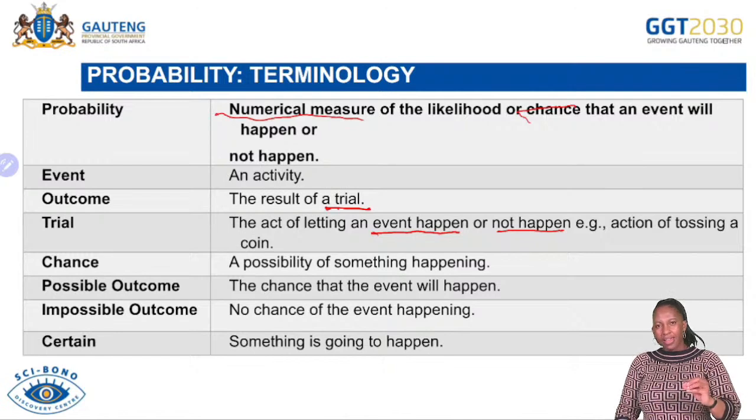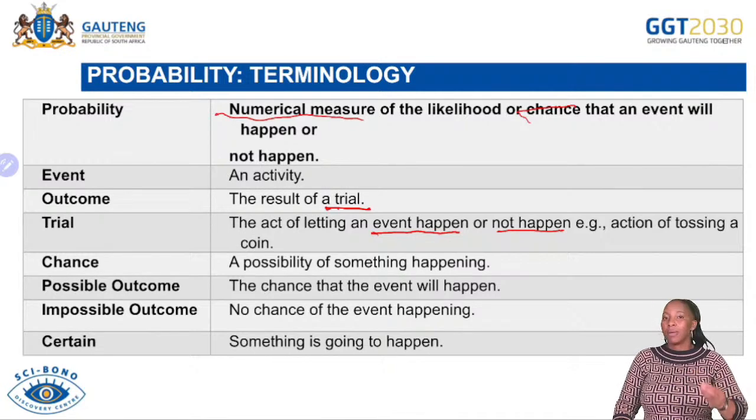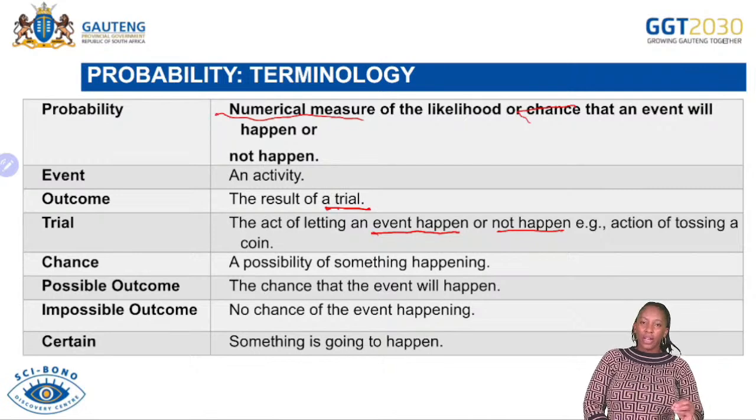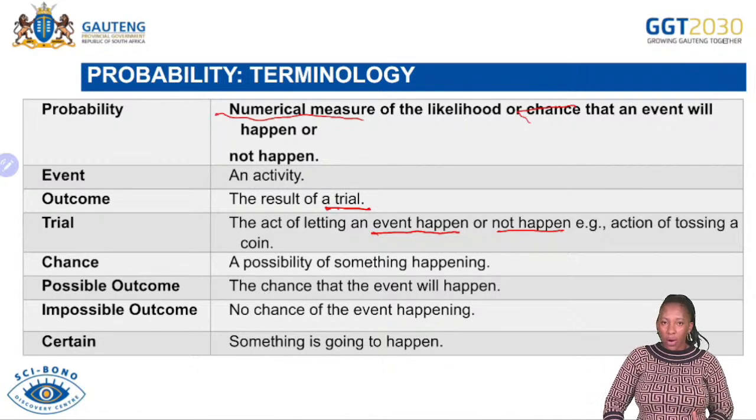So that is what I'm saying: there are impossible outcomes and there are possible outcomes. With an impossible outcome, we say there is no chance of the event happening. If I toss only one coin, then the result that I can get is only one.